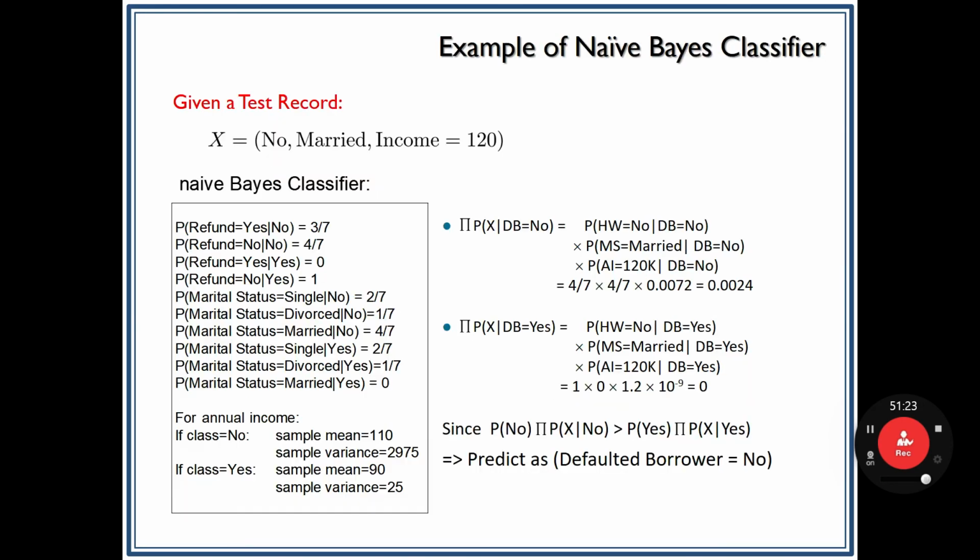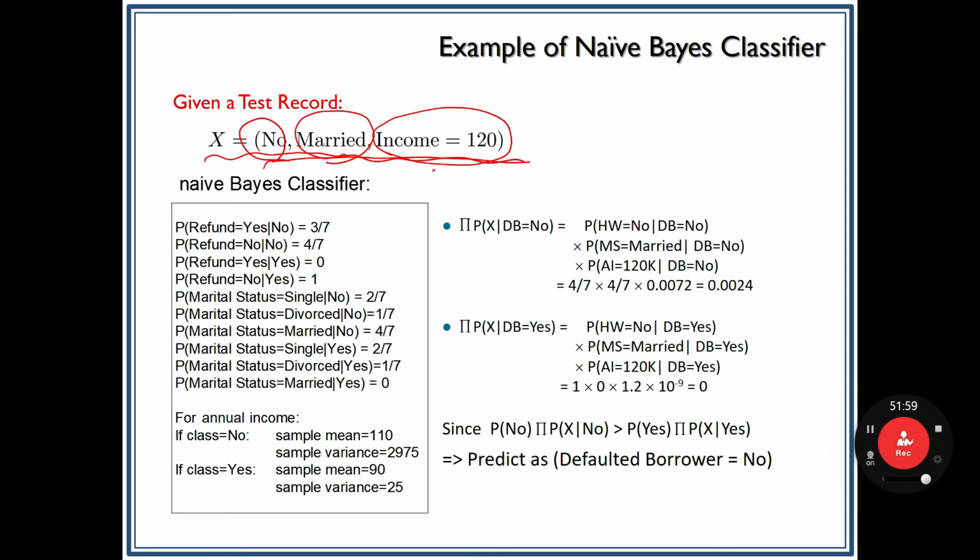The purpose of classification is to predict the class label of a new object. Let us say that this is a new object, this record. A person is coming to the bank, and this guy has no home, but he is married, and his income is 120K.